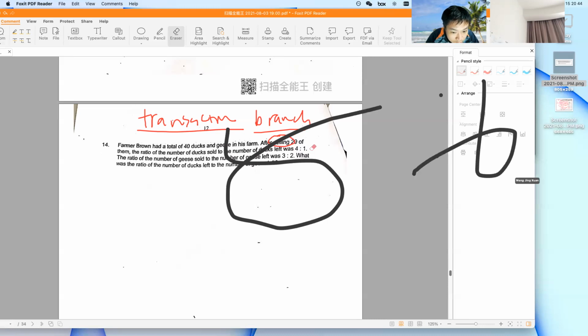$56. 5 to 6 or 56? Can you check if your 5 to 6 answer is correct?